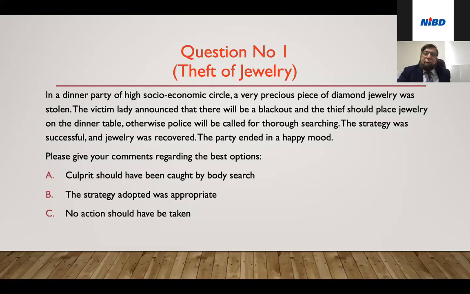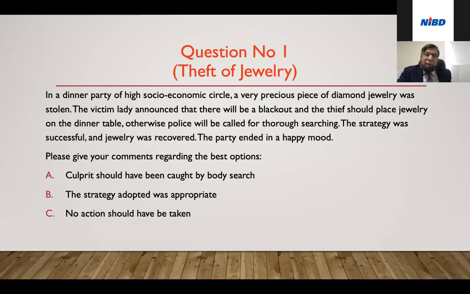So what do you think is the best action to be taken in this situation? The culprit should have been caught, or it is okay, you have got the jewelry and no need of anything further. So A or B, just give your comments. Okay, very good. The very good thing is that you people are participating.